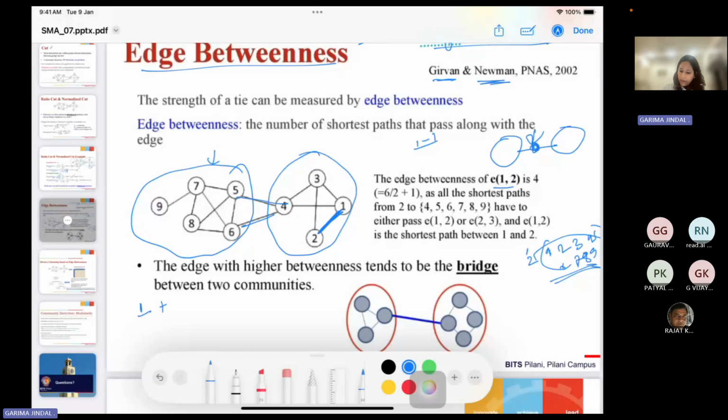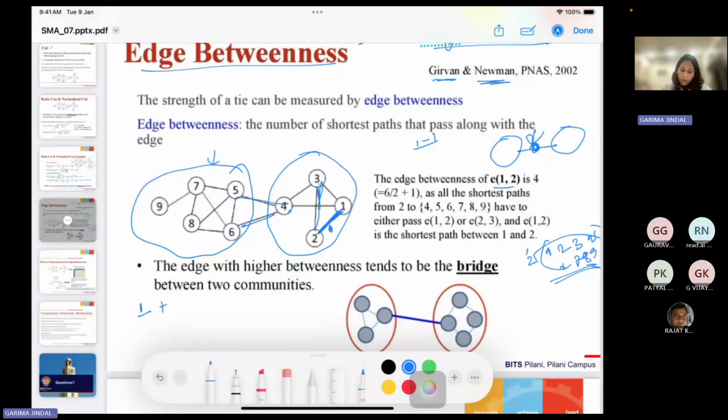Now we will calculate between 1 and 3. Okay, so when we are calculating the path from 2 to 3, we need not go through 1. So in that particular case, this particular edge does not contribute to edge betweenness. Now let us consider from 2 to 4.